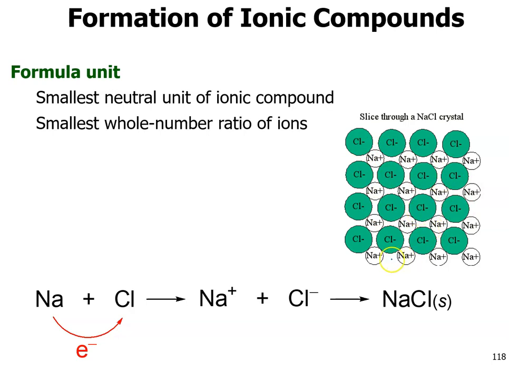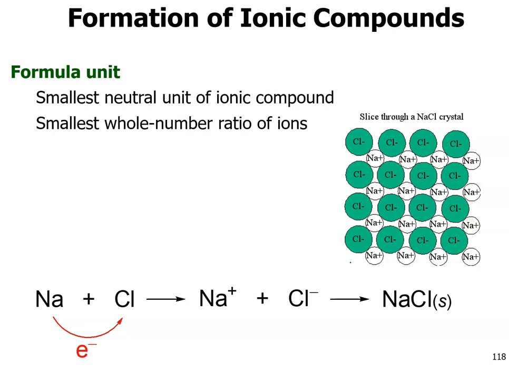When we do this for accounting purposes, for the formula unit, we use the smallest whole number ratio. So for sodium chloride, it's a 1-to-1 ratio, right? And that means that we're canceling out the positive and negative charge to make it 0.